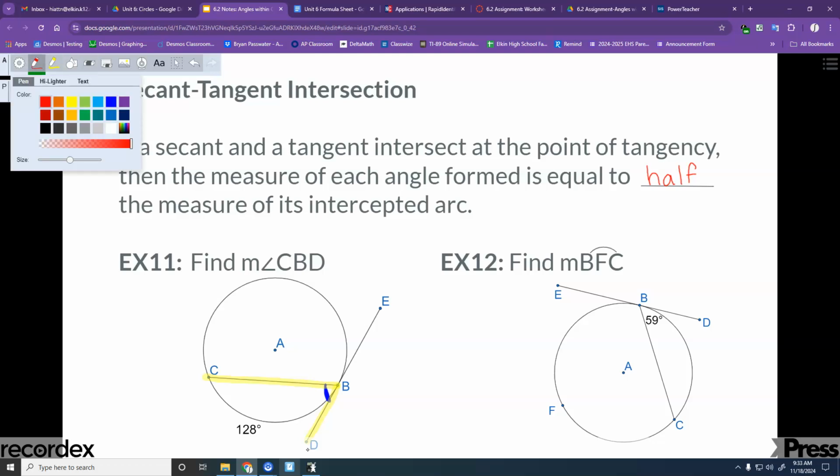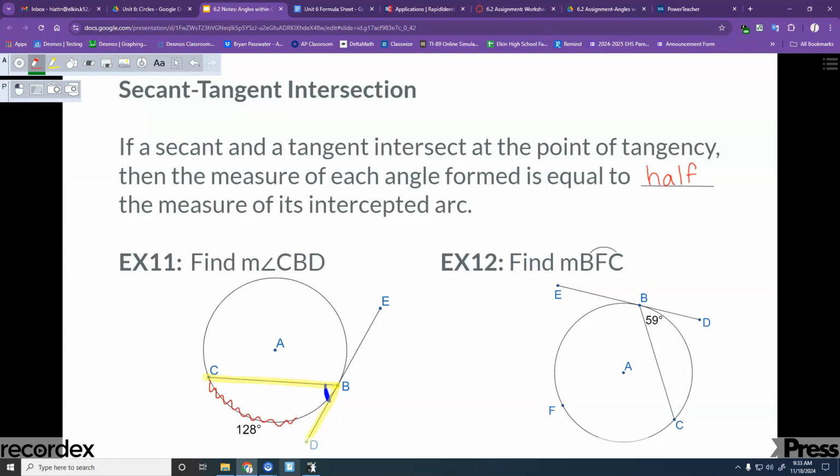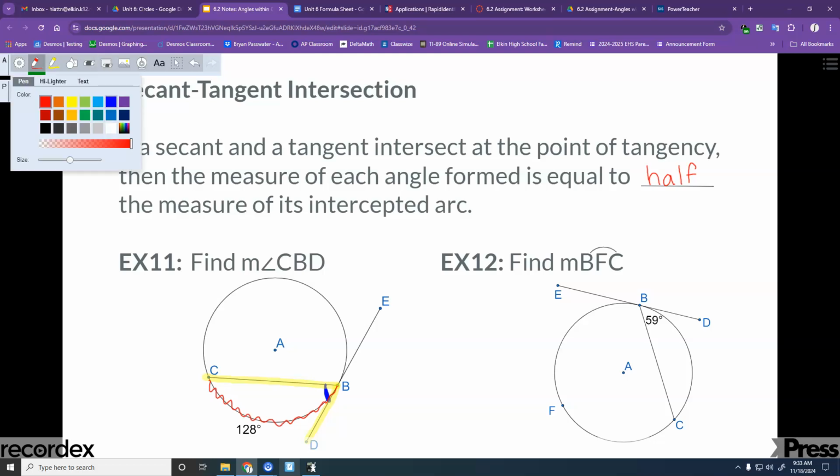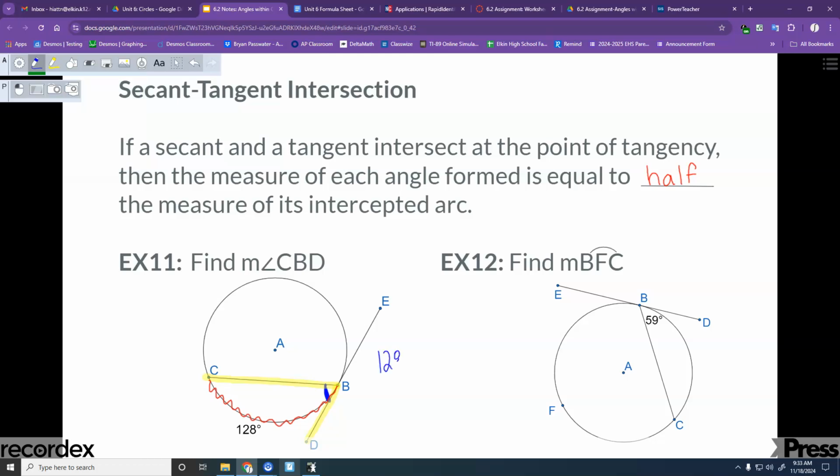I'm looking at this arc right here is the one that goes with that angle, and it's just going to be half. Just like with the others, the angle is always smaller than the arc. So I would just do 128 degrees divided by 2. And that is going to give me 64 degrees. So that would be this angle right here.